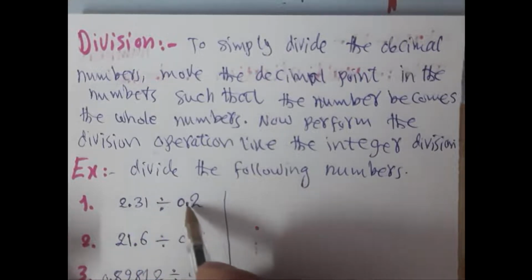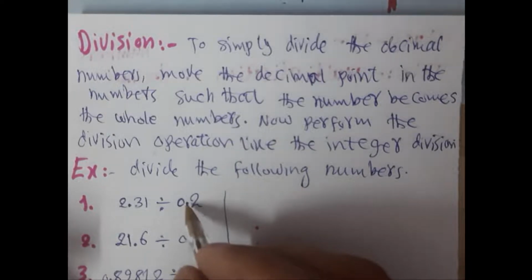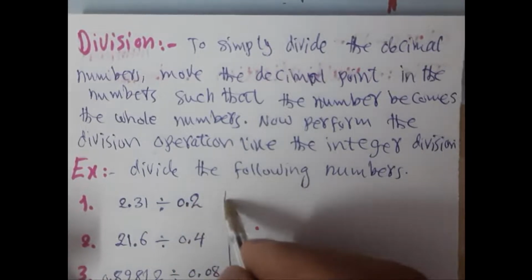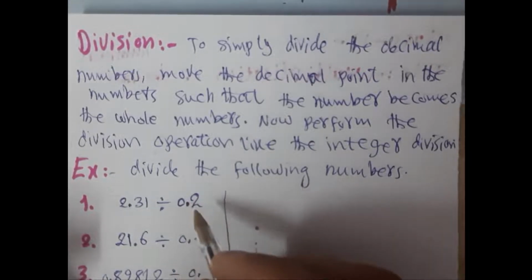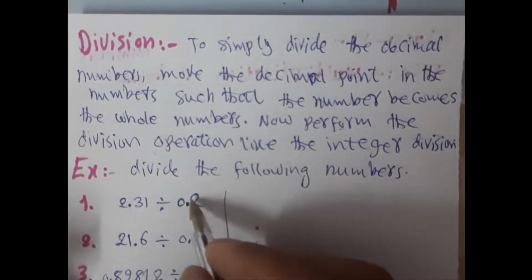Here we have 2.31 divided by 0.2. Now we try to make this number a whole number. If we carry the decimal point here in front of the 2, it will become a whole number.